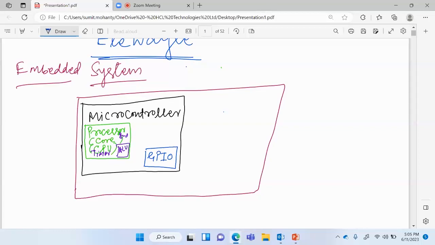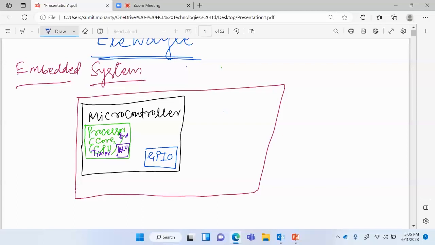Normally people get confused that Arduino is a microcontroller. No, Arduino is an embedded system which has a microcontroller, that is the AVR microcontroller, which has its own processor.